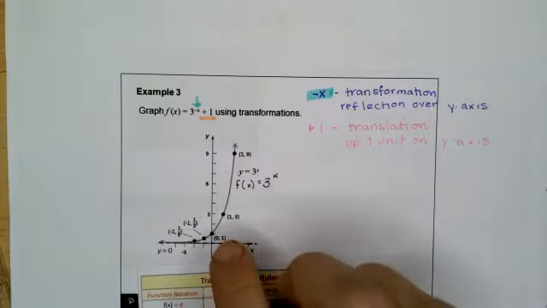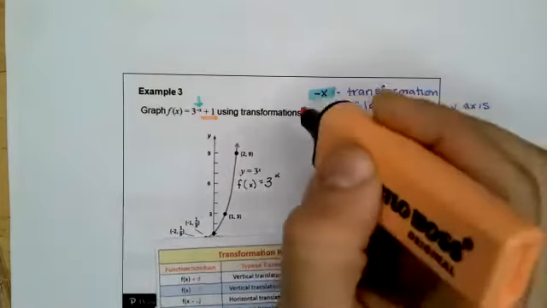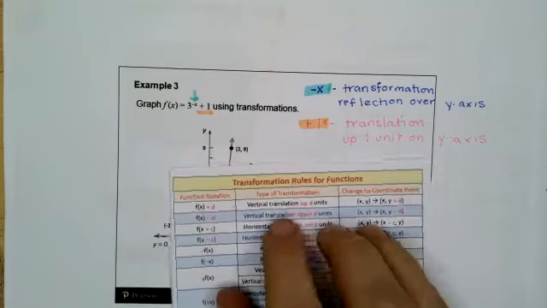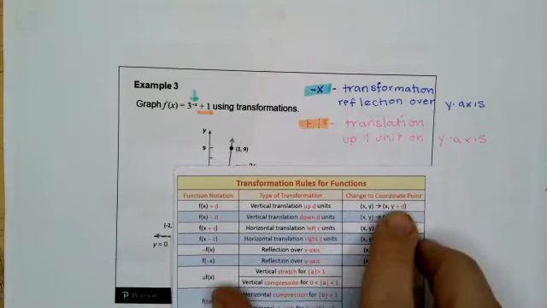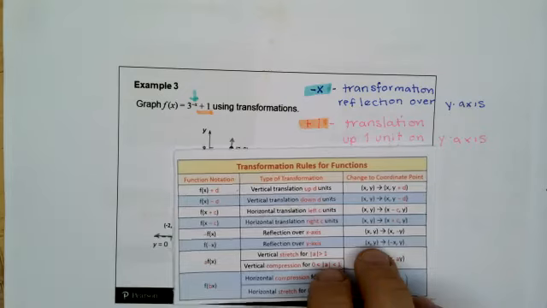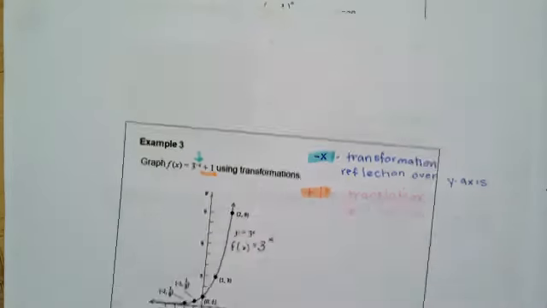Good. So that one means every y now becomes y plus 1, right? So down here, every x becomes a negative x and every y becomes a y plus 1.